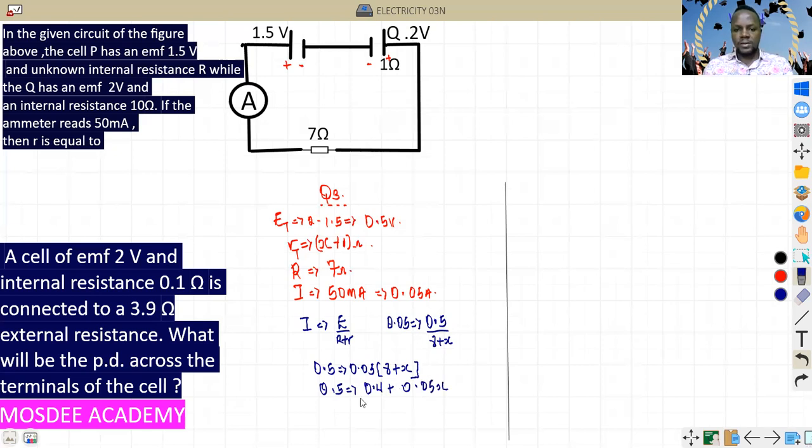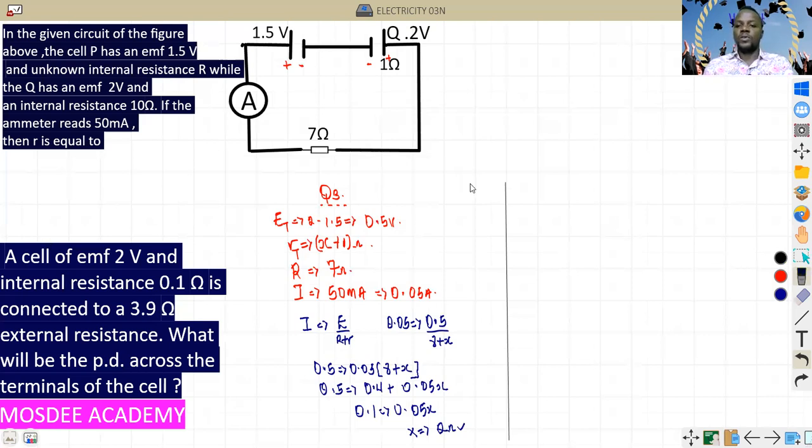So directly, this moves to the LHS, and if you do that correctly, this will be 0.1 is equal to 0.05x. The rest is what x will be equal to. You divide 0.1 by 0.05, and you're going to have 2 ohms, because you are writing internal resistance. So that is that about question 3.